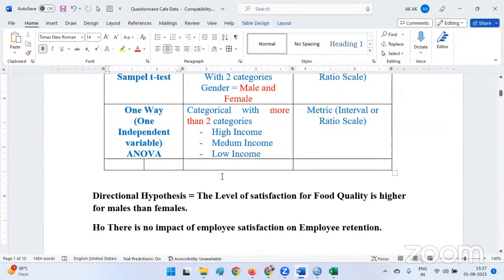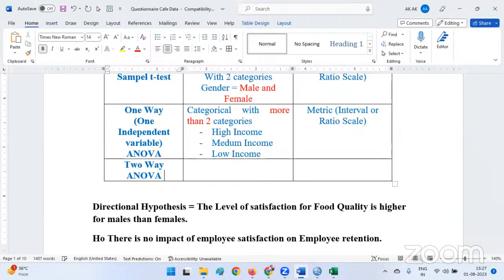Okay, please. So let me write here two-way ANOVA. For two-way ANOVA, there are two categorical variables. Suppose we want to see two impacts like gender as well as income. Okay.